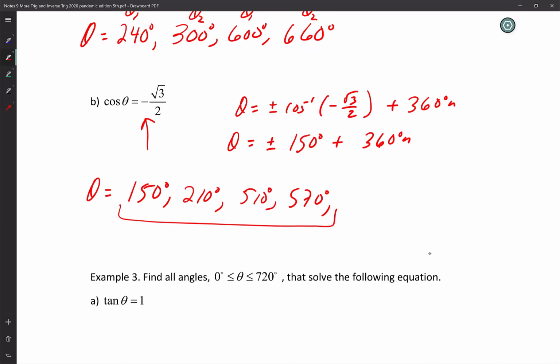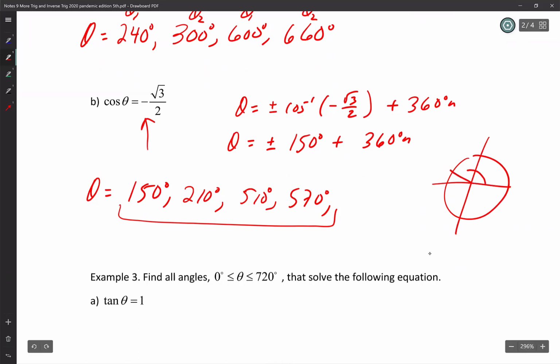Chavez, I don't understand how it's coming from the concept. Let me explain. 150 degrees is from here to here. That's 150. And I know that at that coordinate, my x coordinate is negative square root of 3 over 2. My y is a half there. I know that it's also negative square root of 3 over 2 right here. And check it out.